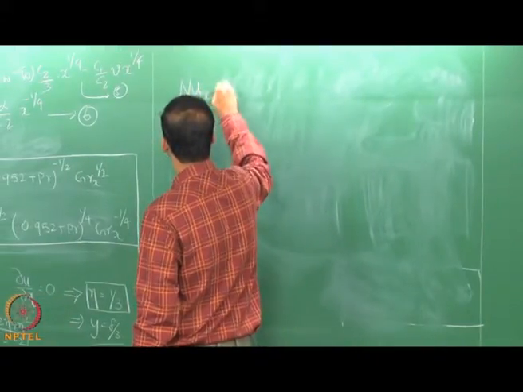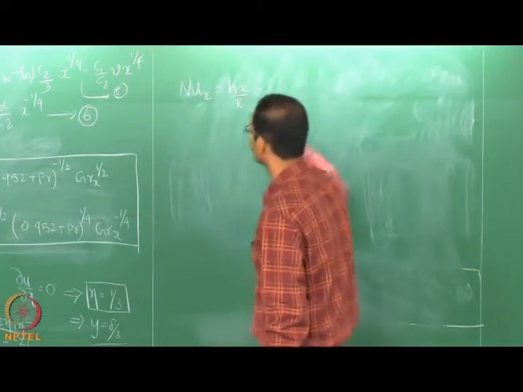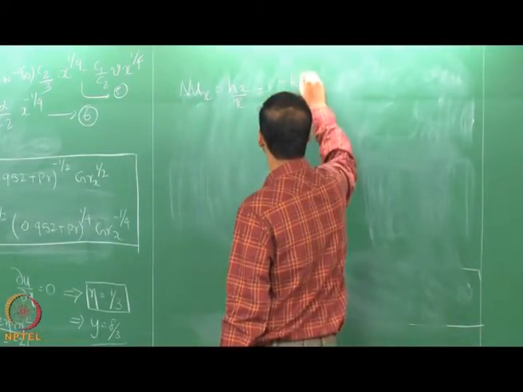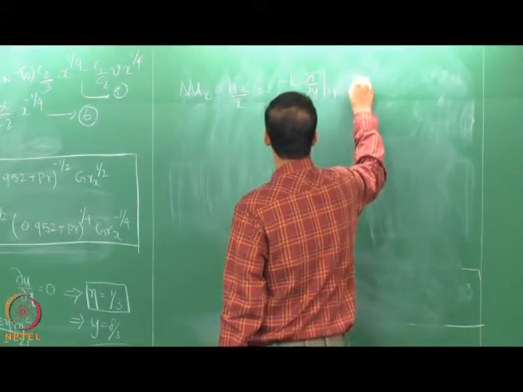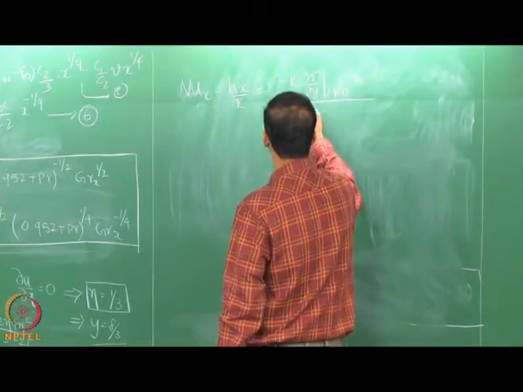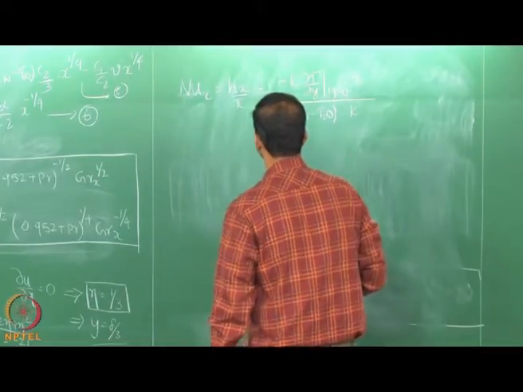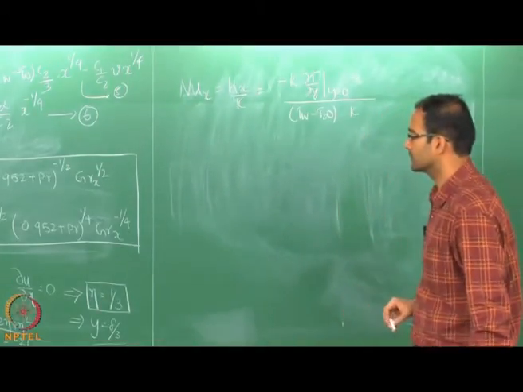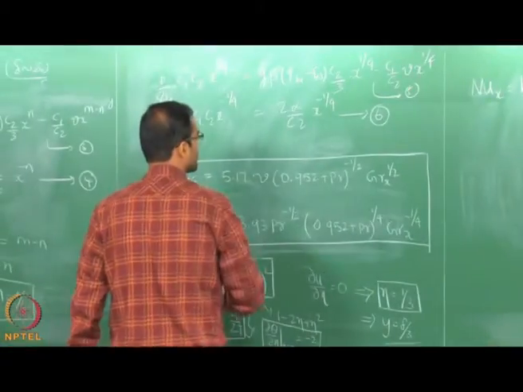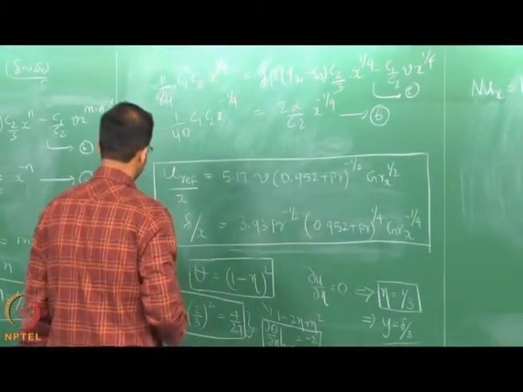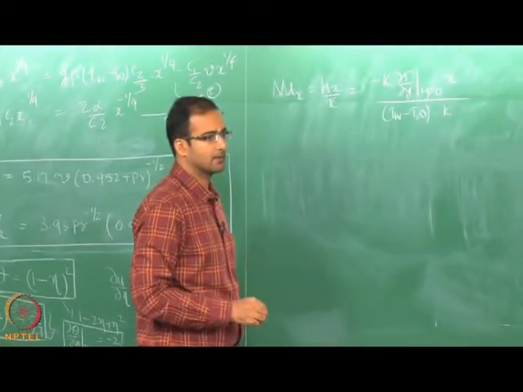So, local Nusselt number h x by k, which is minus k dT by dy at y equal to 0 divided by (T wall minus T infinity) into k. So, we already have the profile for temperature and we already got dT by dy at y equal to 0. What was it?